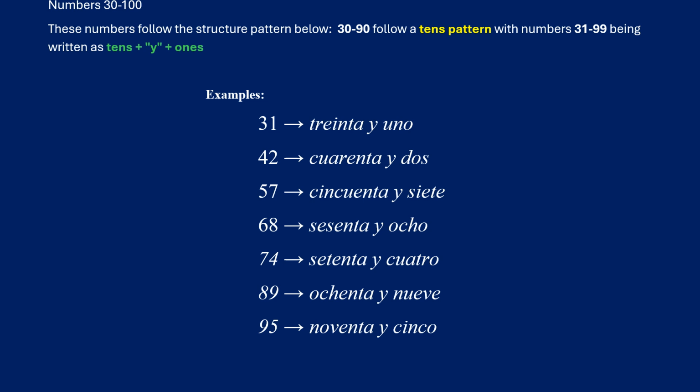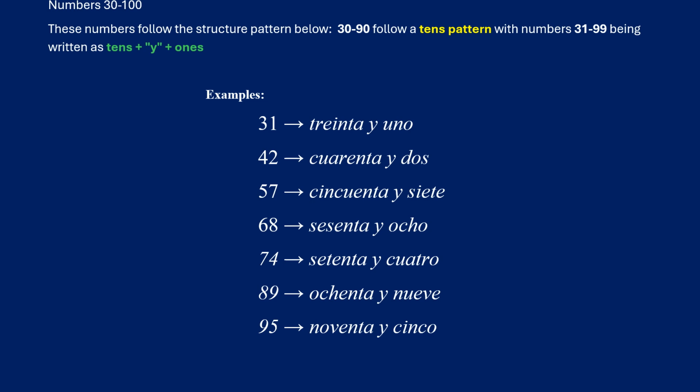They follow the tens pattern using the tens and then the 1 through 9 number. They're formed by creating the tens with a space, a Y, which means and in Spanish, and the single digit number.